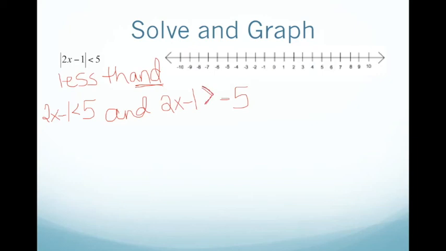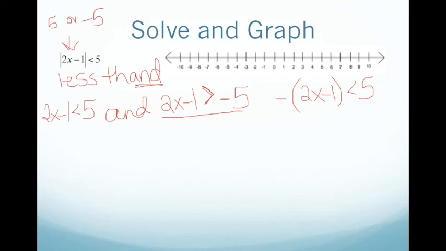So why do we have to switch it? Well, remember how we had defined our absolute value, it's really the inside here. That could be 5 or negative 5. So if you don't want to switch that inequality, the other way of writing this same statement is to do negative 2x minus 1 is less than 5. The inside is switching from positive to negative.